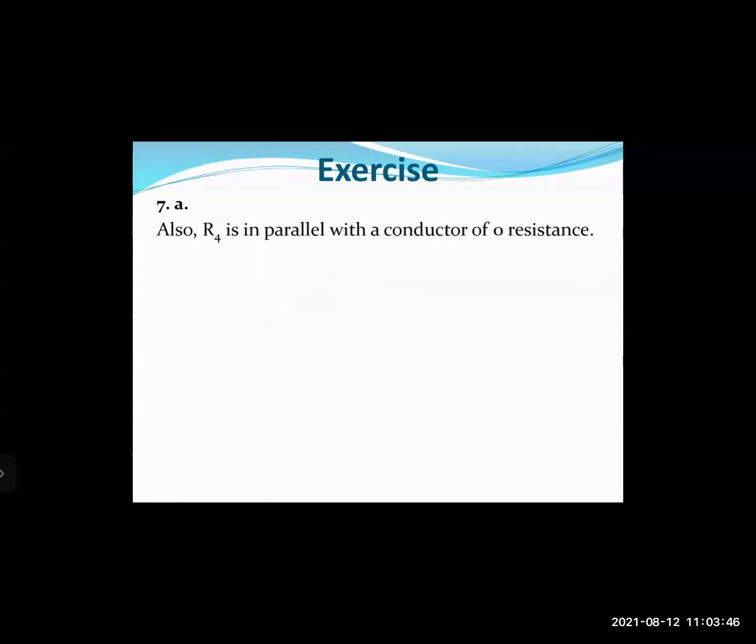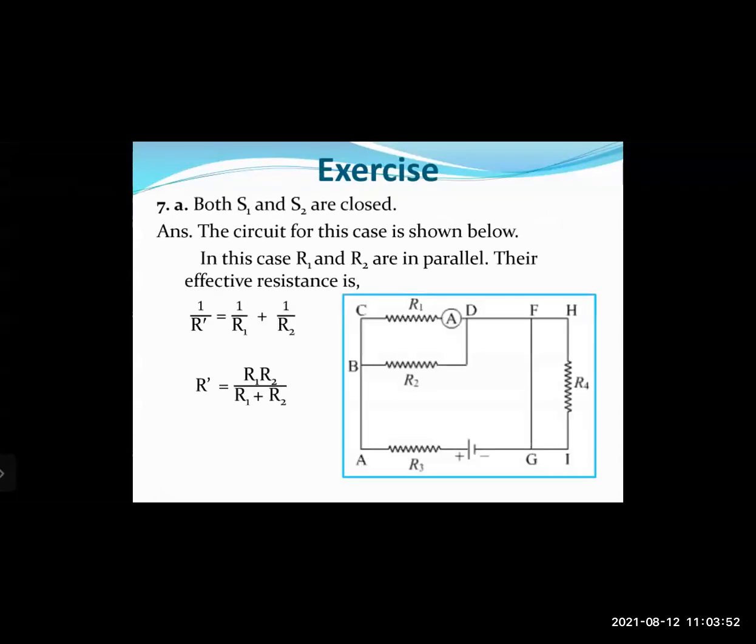R4 is in parallel with a conductor of zero resistance. Now, if you go back and look between points H and I, the resistor R4 is in parallel between points F and G. Because the conductor at points F and G has zero resistance, it bypasses resistance R4, which means the current will not flow through R4.